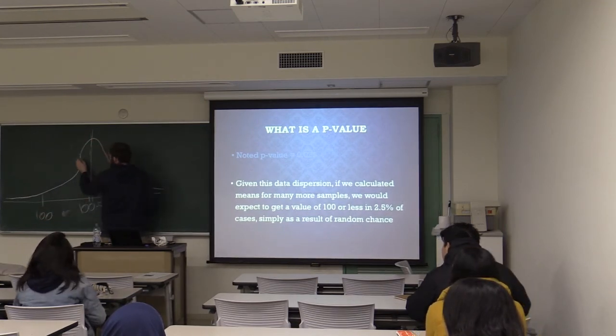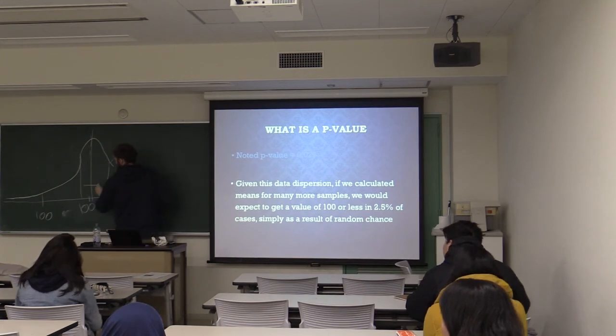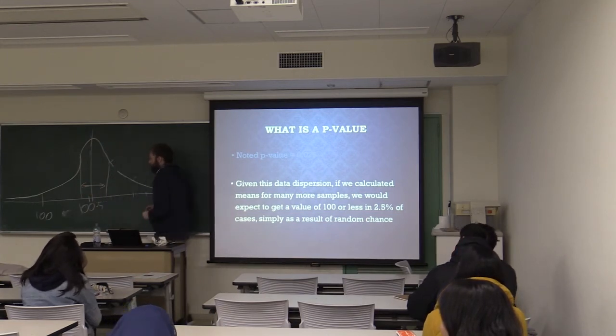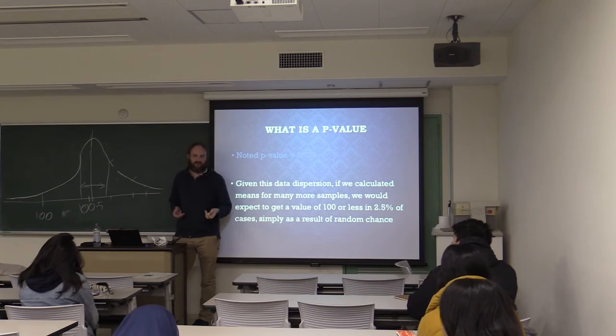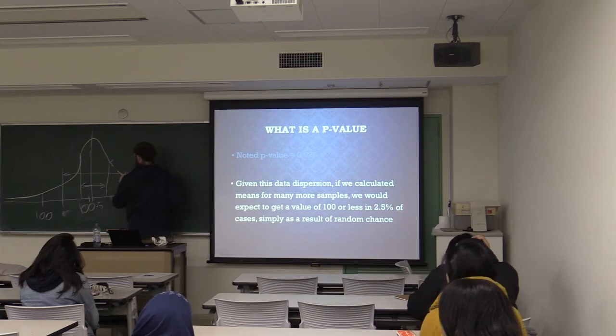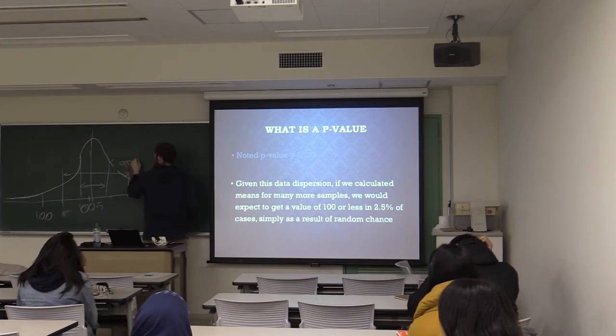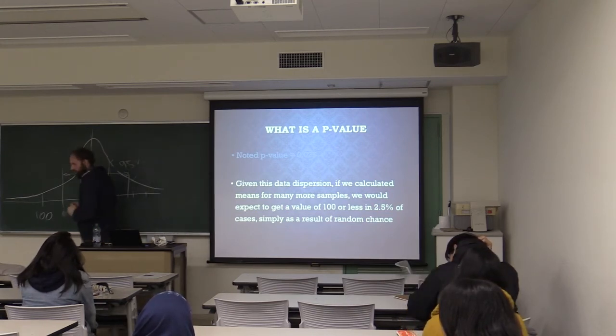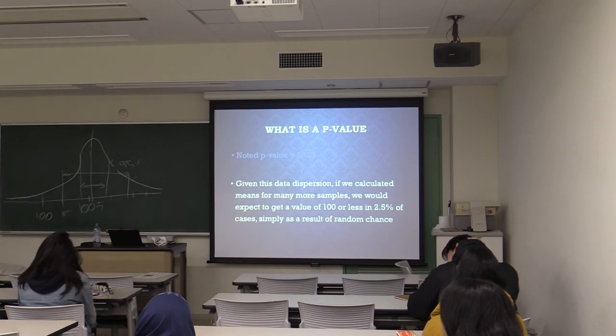What we said is if you go one standard error out, 68% chance. Two standard errors out, 95% chance. So we measured 100 pills and we got a value of 100.5.